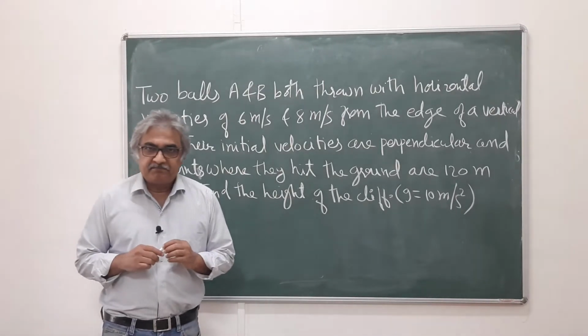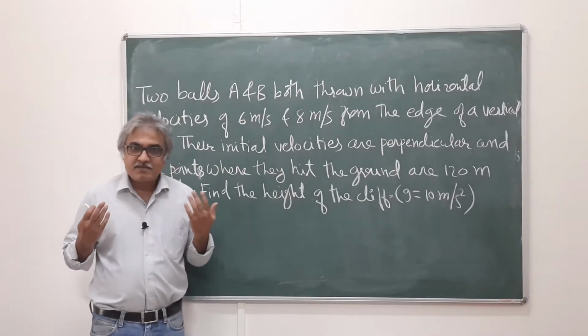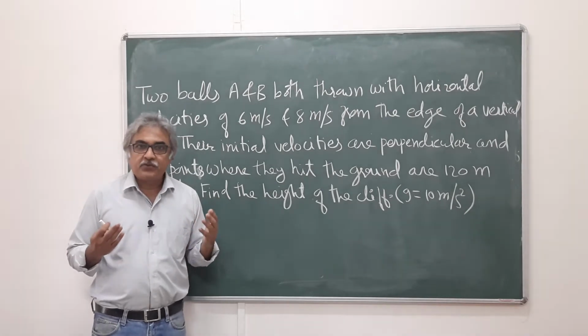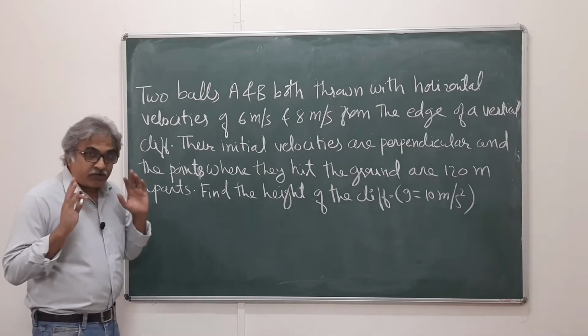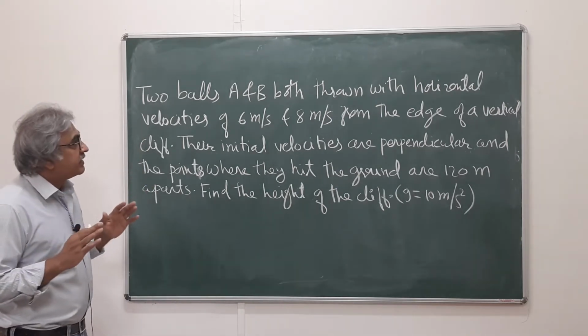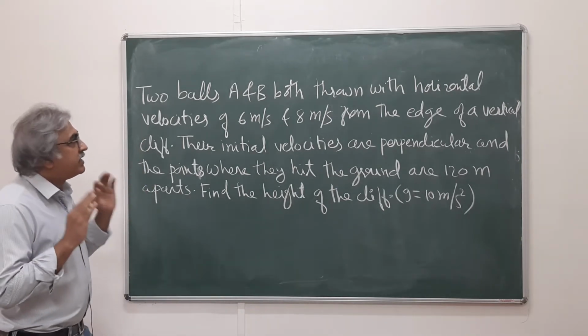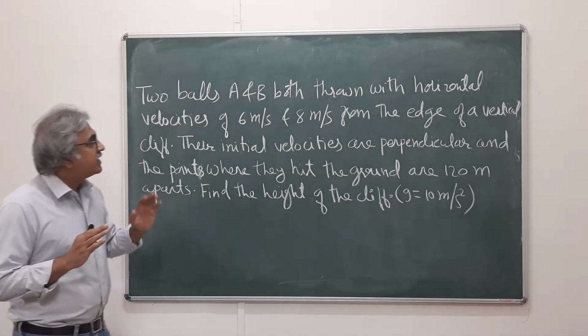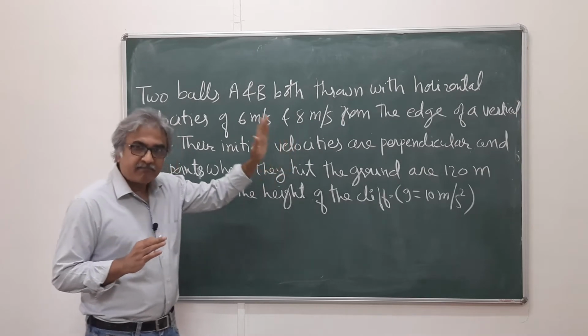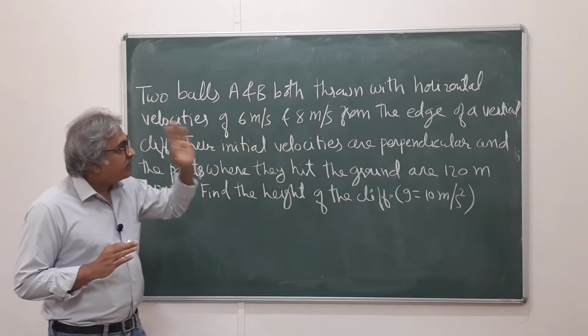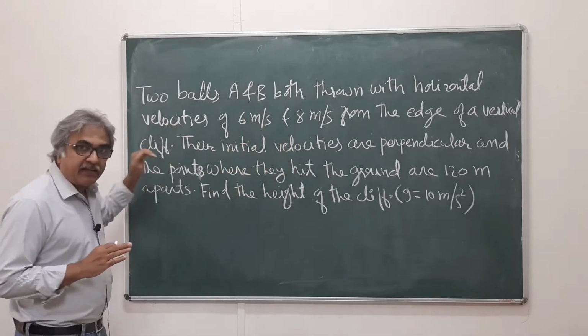Hello and welcome. So here is one more slightly unusual and hence interesting problem. Two balls A and B, both thrown with horizontal velocities of 6 meters per second and 8 meters per second respectively, from the edge of a vertical cliff.